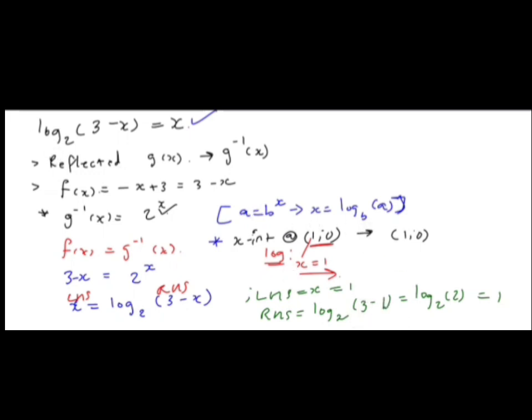So now that the left hand side is equal to the right hand side, which is equal to 1, it means that indeed our solution is x is equal to 1. So in other words, the solution to the intersection of the inverse and the straight line function is x equals 1.